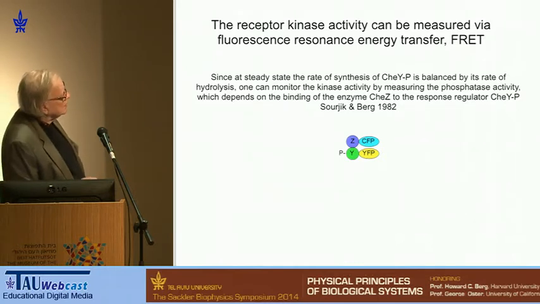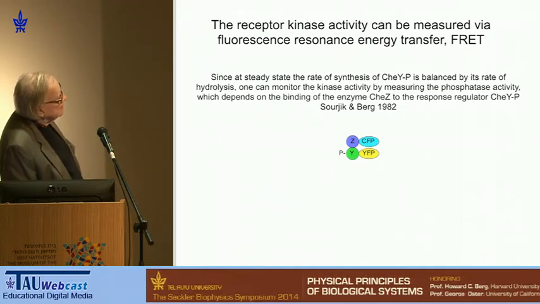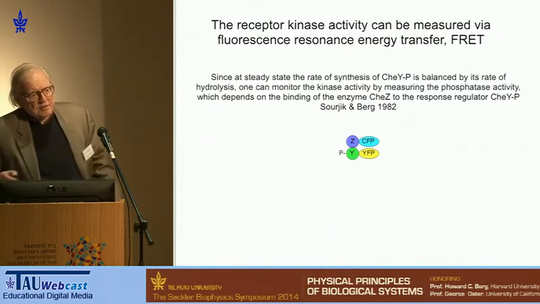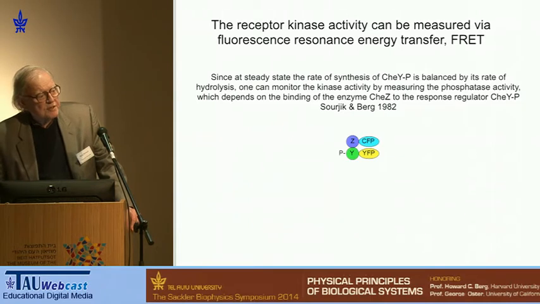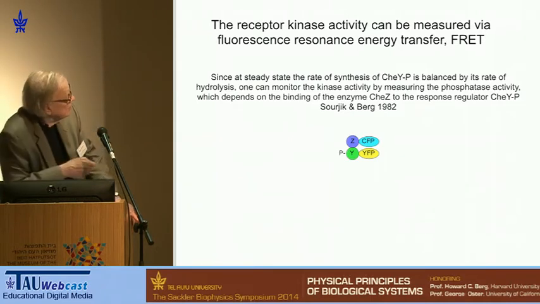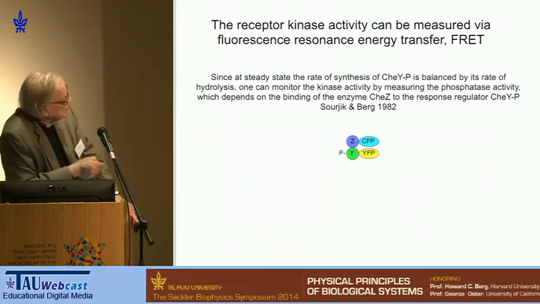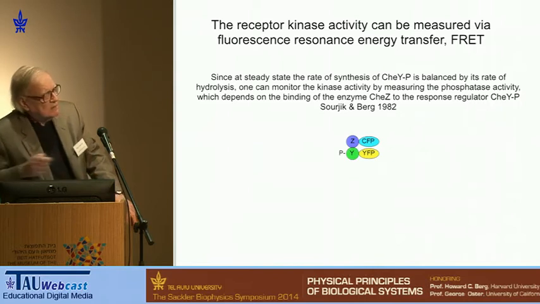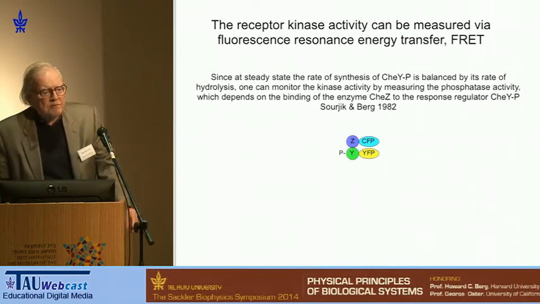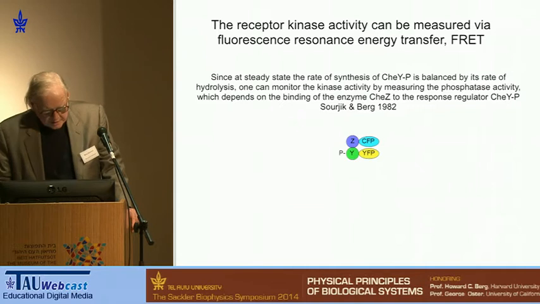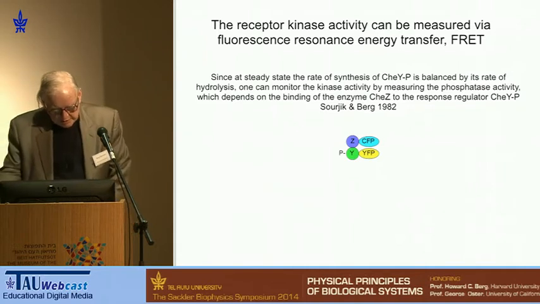When this complex forms, if you excite cyan, energy gets transferred to yellow, so cyan fluorescence goes down, the yellow fluorescence goes up, and you can measure that. You have 20,000 molecules of this stuff in the cytoplasm controlling the behavior of 3 or 4 motors, so you get much better statistics, much easier to do the experiment.